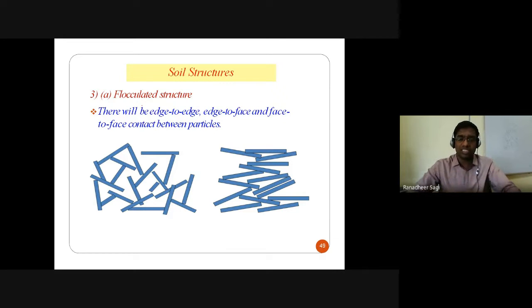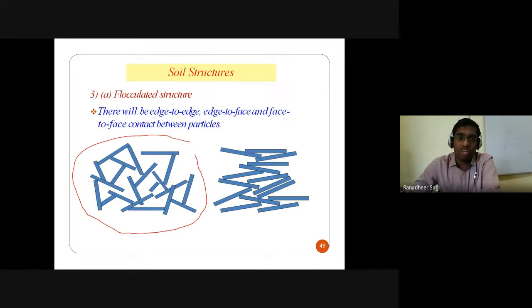In such cases of contacts, whatever we are talking about, edge to edge contact between the clay particles, or edge to face contact, or face to face contact that is existing between individual particles, you would see a kind of structure getting formed, which we call a flocculated structure.